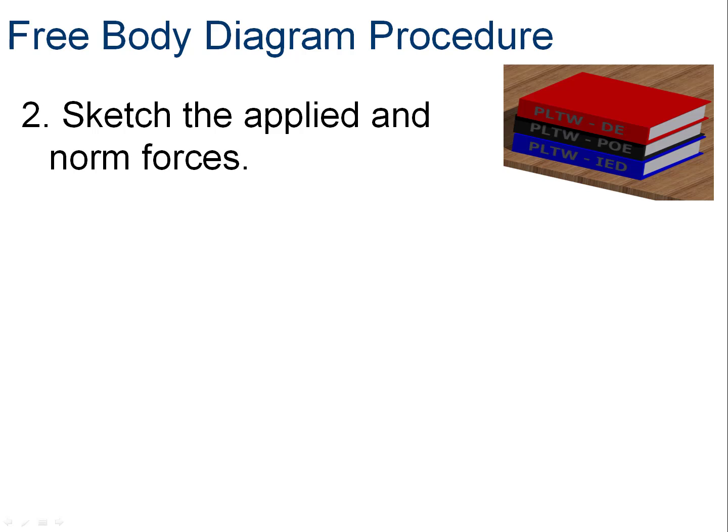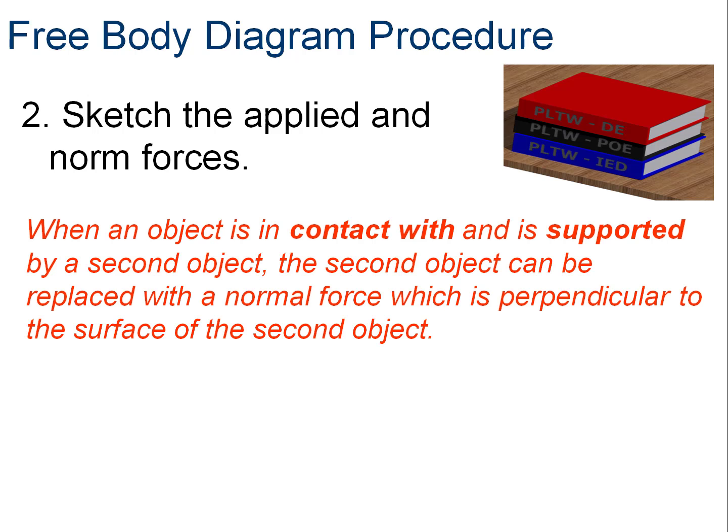The second step in this process is I want to sketch the applied and normal forces. Now, those are terms you haven't heard yet, but whatever the object is in contact with and supported by, the second object can be replaced by a normal force. So in other words, the red book is supported by the black book.